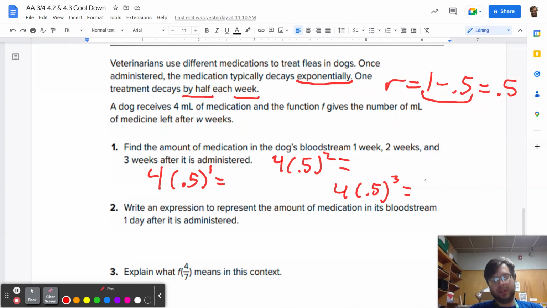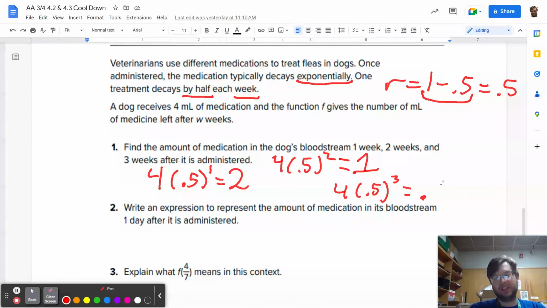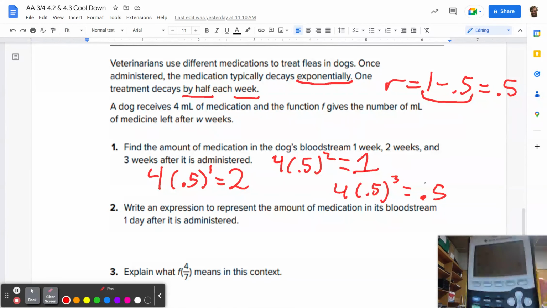You could also just do it in stages because it's not too hard to do 4 times a half and then taking the answer you just got times a half, and again times a half. But sometimes the numbers aren't quite so nice and you want to use the formula to see that it comes out to be the same thing right there, 0.5.